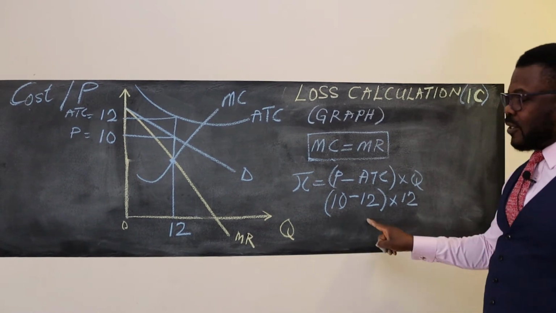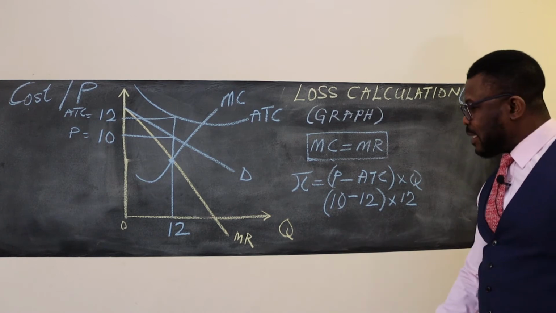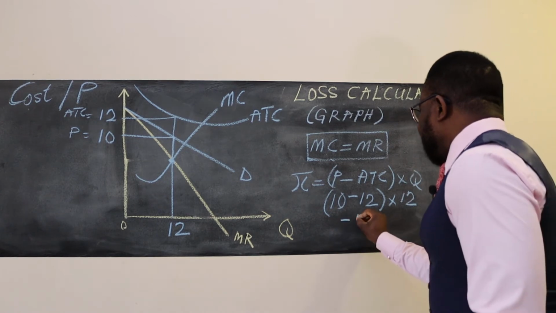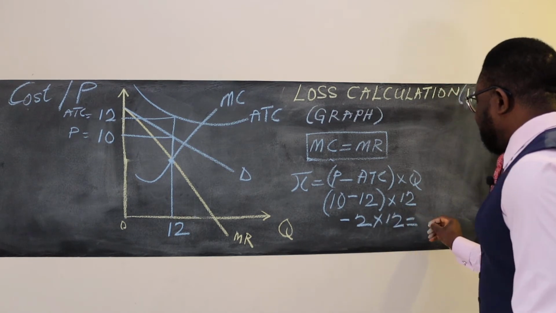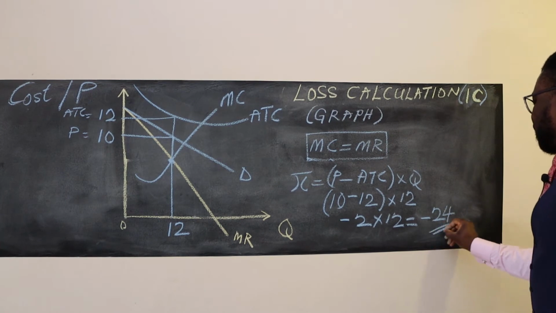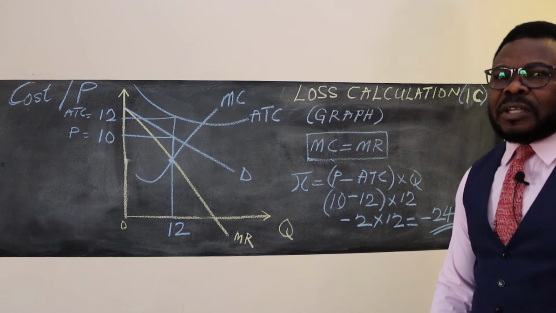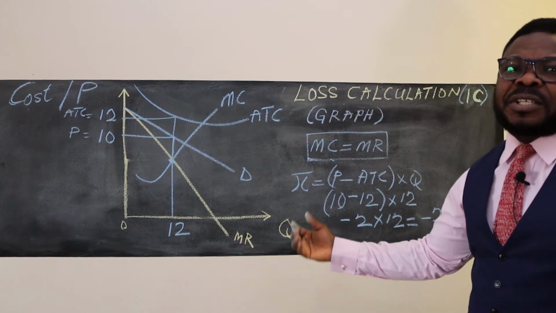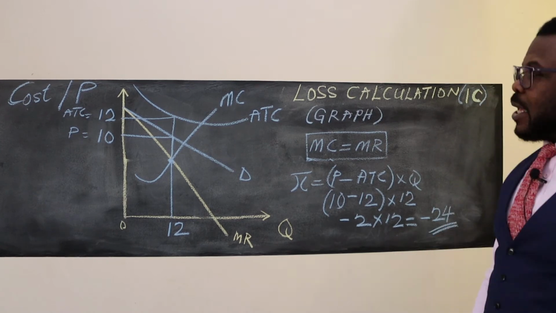So 10 minus 12, that's bad news for this firm. It's a minus. Times the 12 here, this gives us minus 24. So this firm is making a loss of $24, or pounds, or whatever currency in whatever country you are in. So there's a loss here.